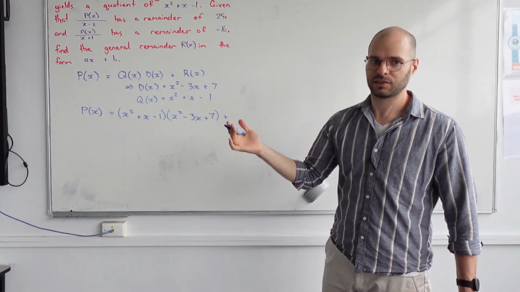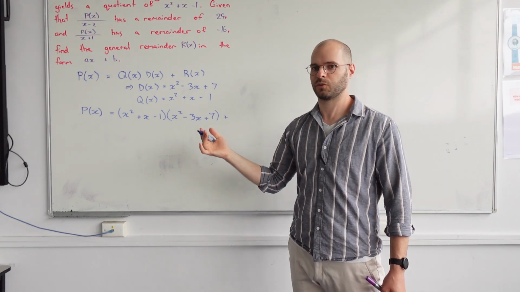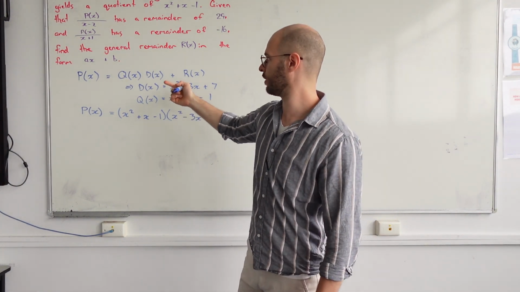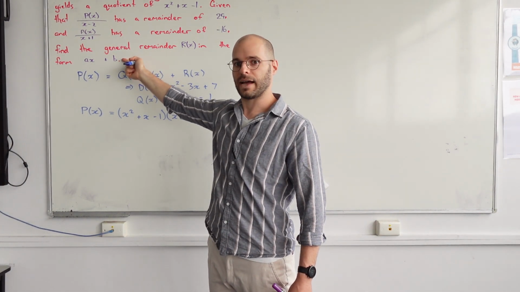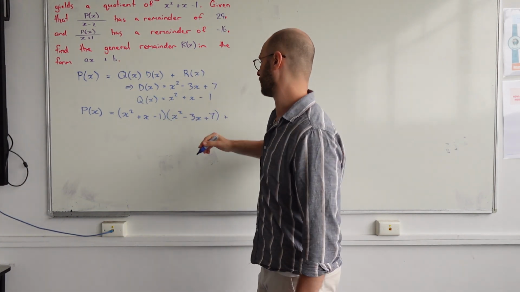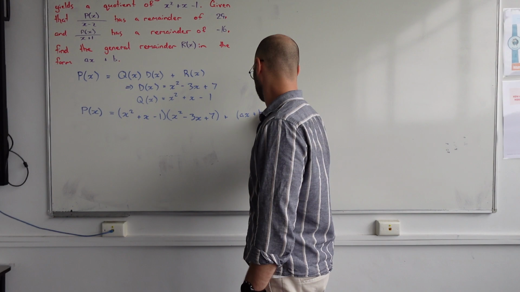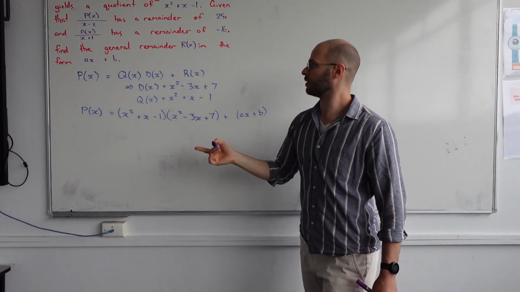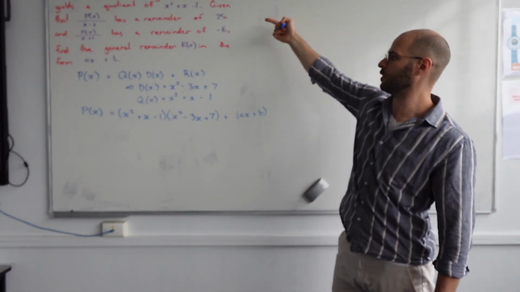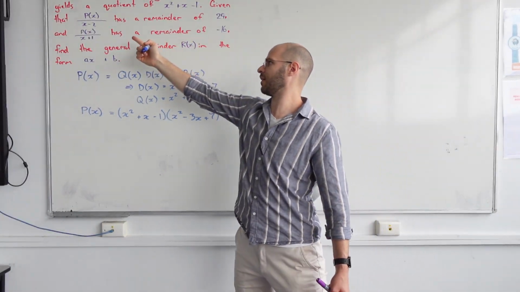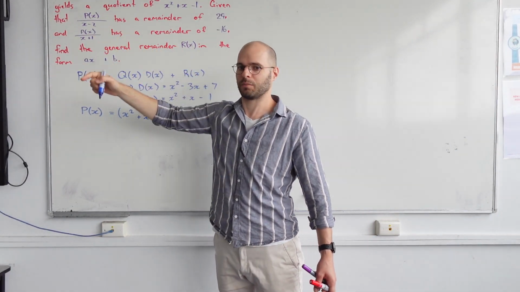Now, r of x, what sort of form are we expecting it to be in? ax plus b, because it tells us in the question. Now, the first part of the question has been done. We now turn our attention to these remainder parts.